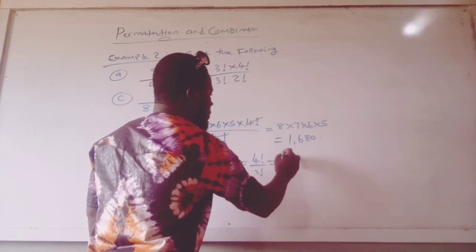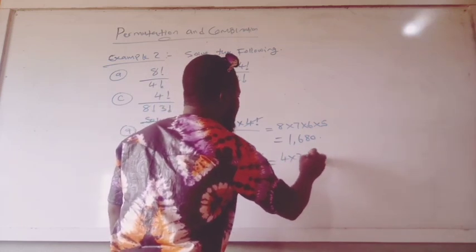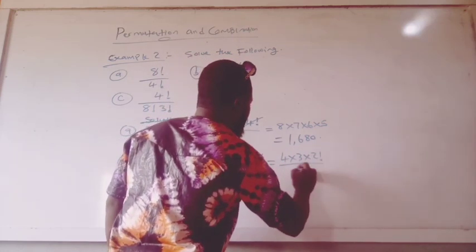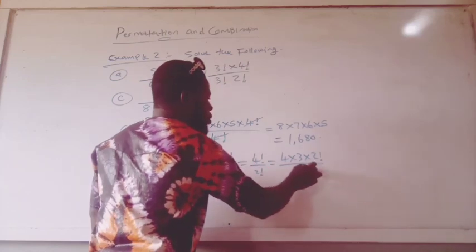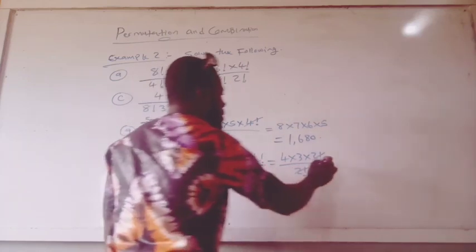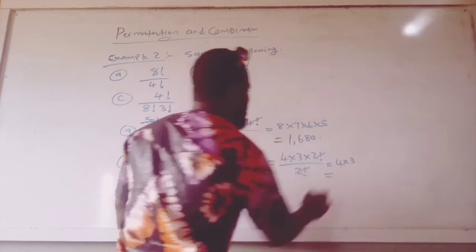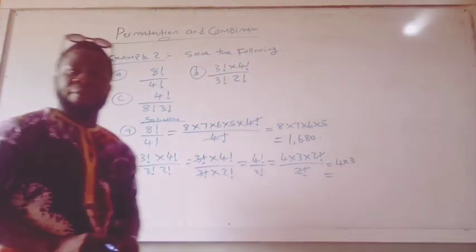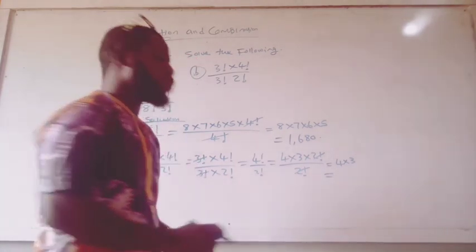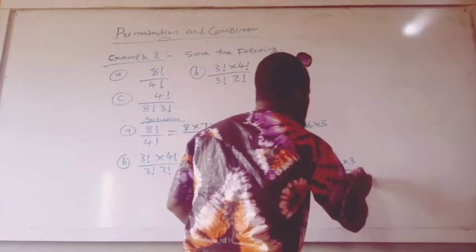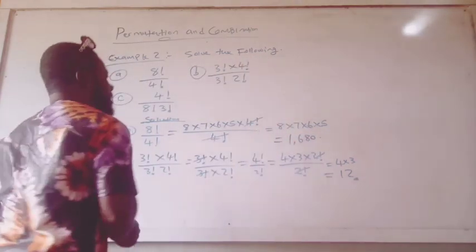Can I change my 4 factorial to 4 times 3 times 2 factorial over 2 factorial. 2 factorial will cancel 2 factorial, which will give me 4 times 3. And if you go and check, for those of you that are very vast with your multiplication table, 4 times 3 will give you 12. So that's the answer for B.